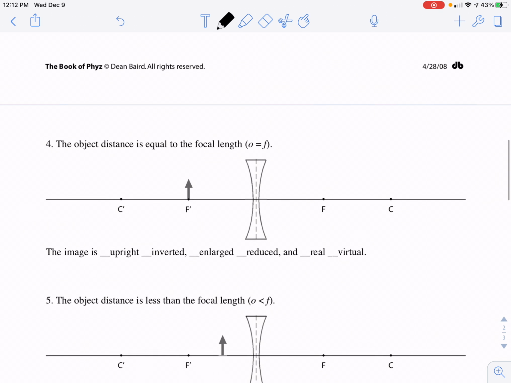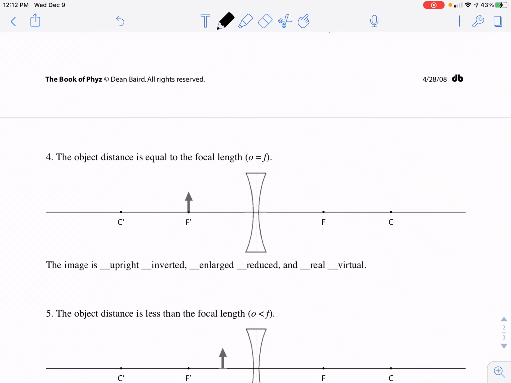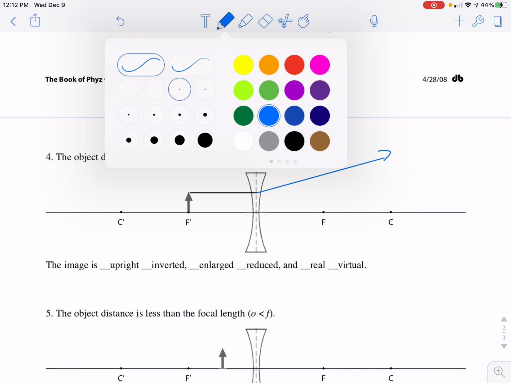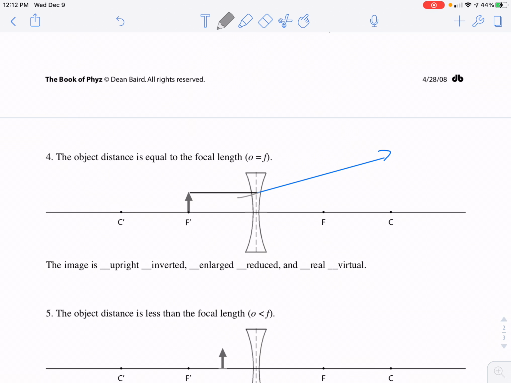Now, let's see what happens at the focal length. When we placed an object at the focal length of a converging lens, no image was formed because no intersection occurred. Let's see what happens now. We're going to go parallel to the principal axis. We're going to refract in a way that bends upward through the near side focal point.